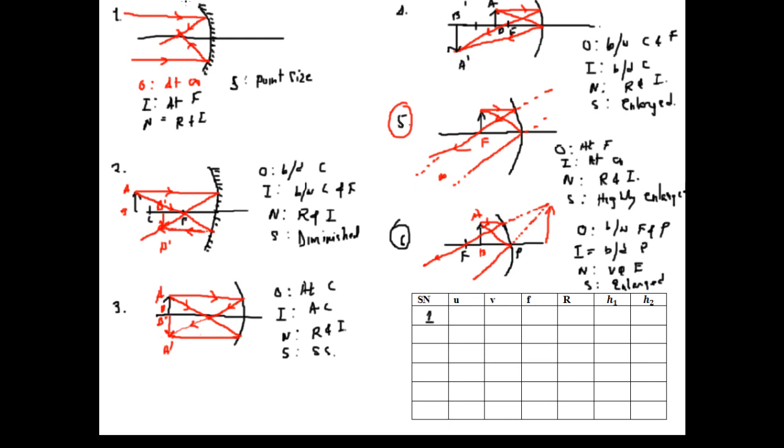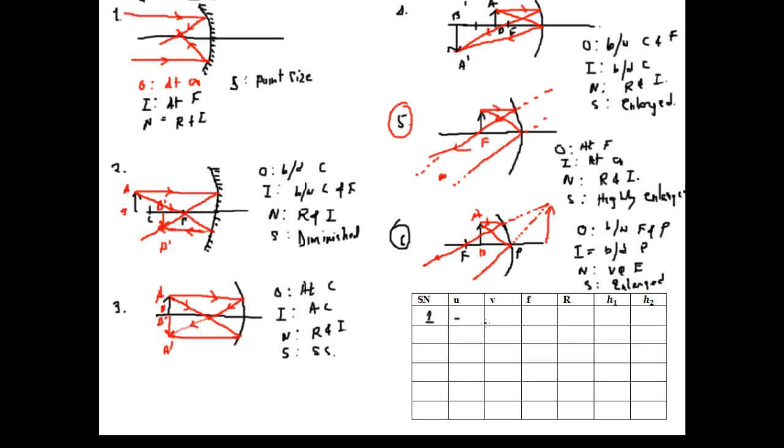H1, what do you think would be the H1? It will be an erect object. As it is erect, although it will be very far at infinity, I am considering it to be plus only. Here it is a real and inverted image, so this must be negative. Number 2, second diagram. In the second diagram, U is again negative. V is again against the direction of light.